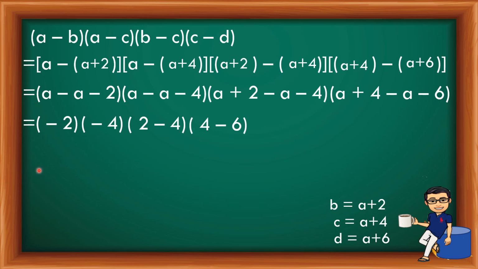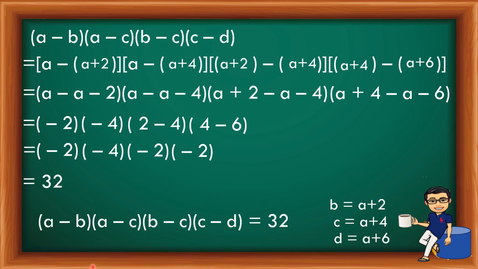Then we copy negative 2, negative 4, 2 minus 4. Again, we copy negative 4. 2 minus 4 is negative 2. Then 4 minus 6 is negative 2. Then multiply negative 2 times negative 4 is positive 8. And positive 8 times negative 2 is negative 16. And negative 16 times negative 2 is positive 32.